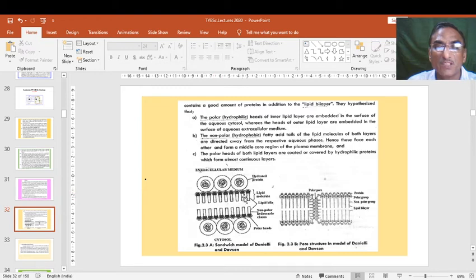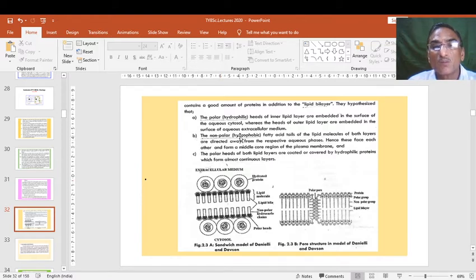This is the lipid molecule layer, this is also a lipid molecular layer inside, and outside these are the protein molecules. So inside lipid and outside protein, therefore we can call it a bilayer model. These are the strands which are called the lipid bilayer, or simply the lipid layer. This is the protein layer. This is the head of the lipid molecule and this is the inner rod, we can say strand.